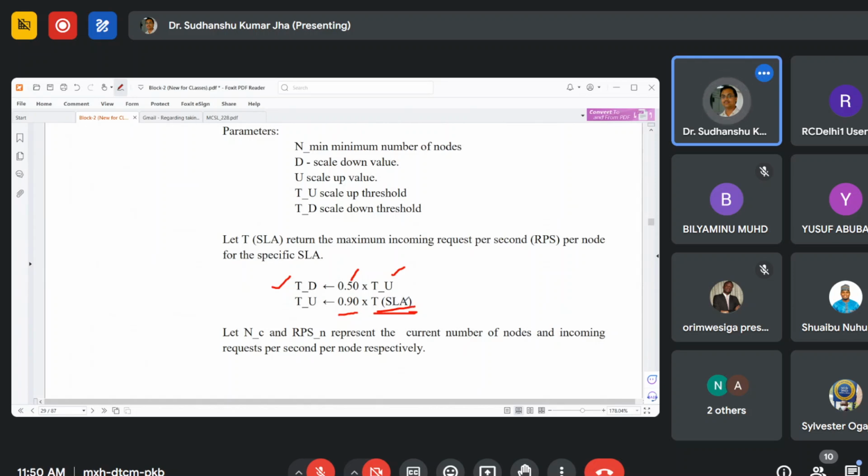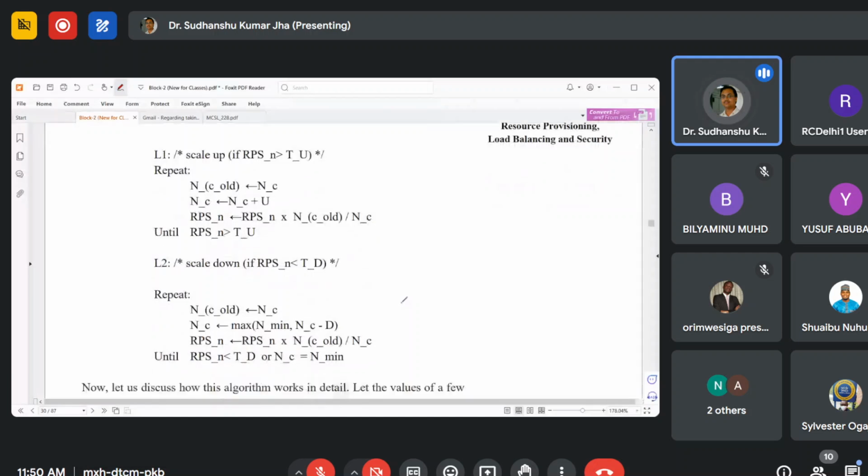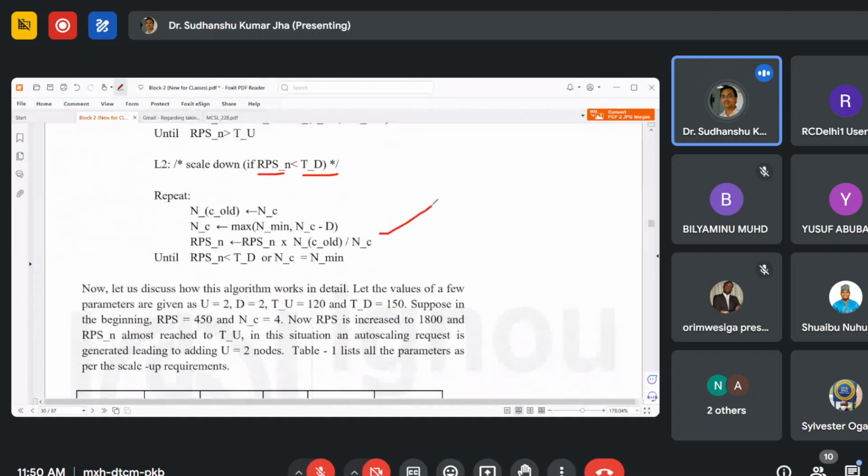As per the SLA, we may calculate and decide accordingly. If requests per second is greater than the threshold, then you go for scaling up. Whereas if requests per second is less than the threshold, then you go for the scale down.